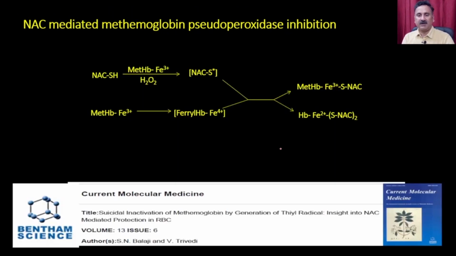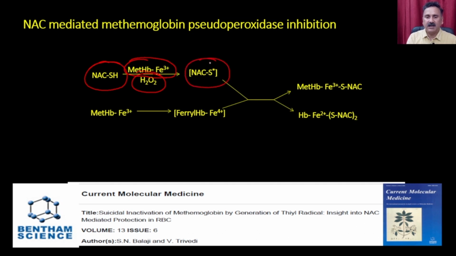And ultimately, we have come up with this particular model, that NAC has an SH group. You know that NAC has a GSH-like thiol, right? When it is processed by the methemoglobin peroxidase activity with the help of hydrogen peroxide, NAC is converted into NAC sulfur centered radicals, and these sulfur centered radicals attack the methemoglobin, and that's how it forms the methemoglobin iron-sulfur clusters, right?